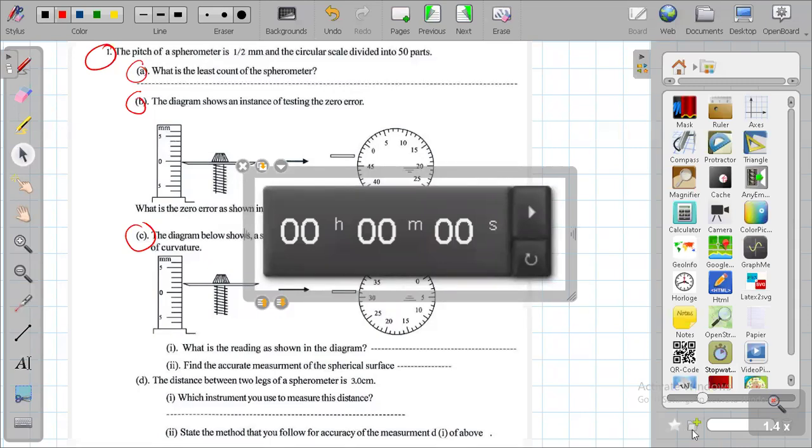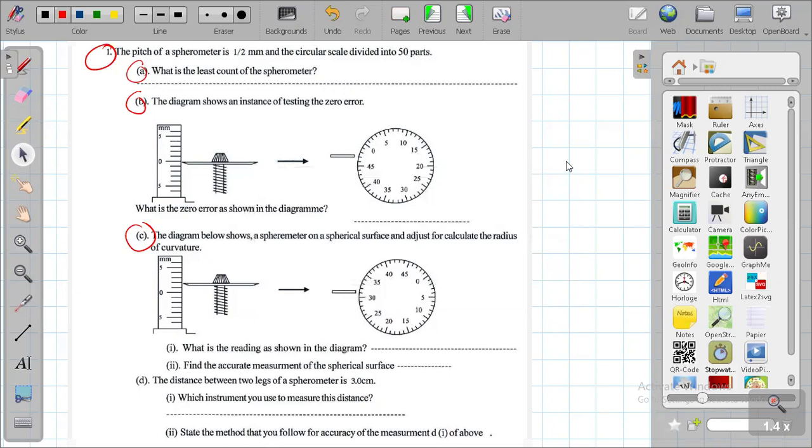Okay, dear students, you can see now how easy this is going to be. Let me show you. What is the least count of the spherometer? I told you the least count equation is x over n. The x factor is 0.5, or you can write it as half over 50.